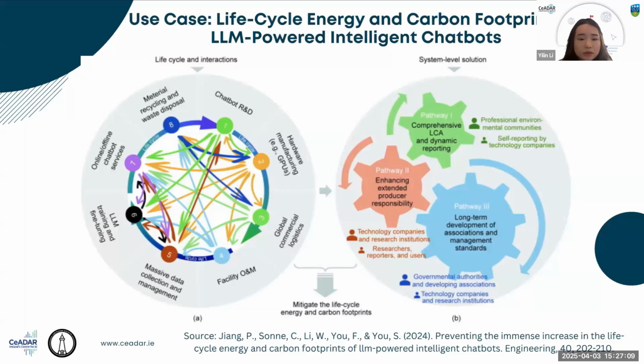And pathway 3 involves government standards and long-term planning, so that sustainable AI becomes the default. These 3 together remind us that no single team can fix this alone. It takes a lot of coordination to build sustainable AI.